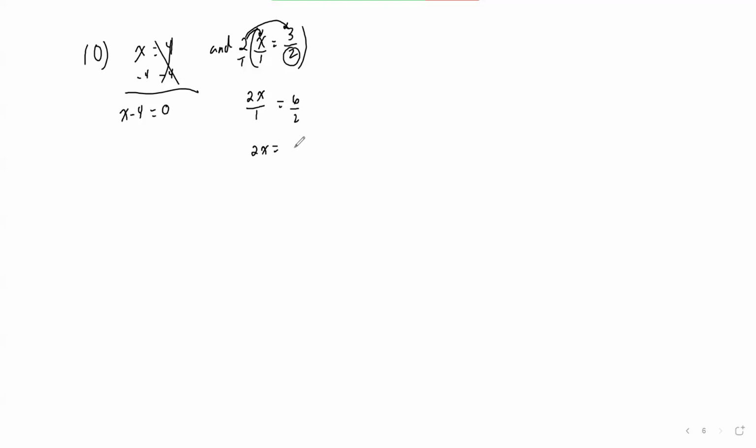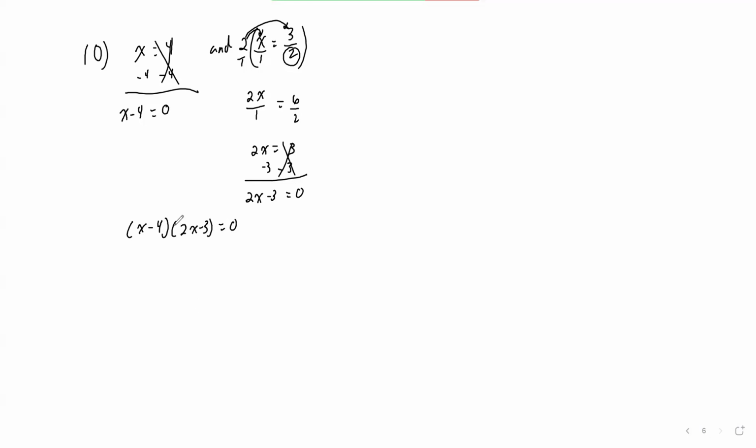And 6 divided by 2 gives me 3. I no longer have fractions. So now I can set this equal to 0. So I'm going to subtract 3. So I get 2x minus 3 because I could not combine those. Now these would be the factors I would have. So going in reverse, I would then have x minus 4 times 2x minus 3 equals 0.